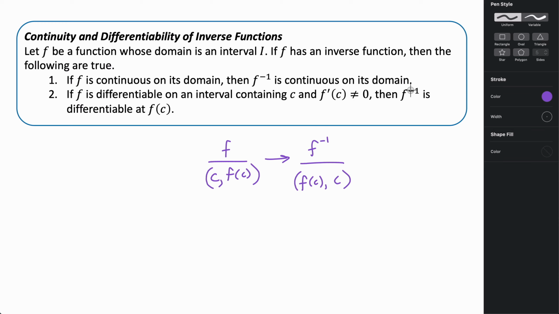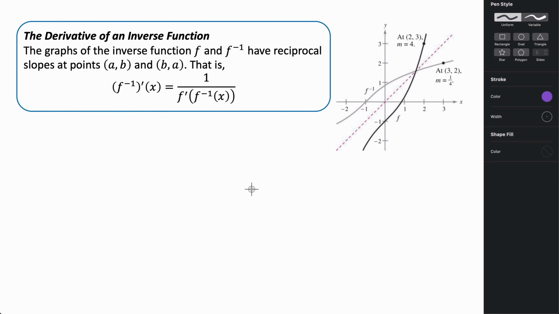So basically this is saying if our original function is differentiable at c and its derivative is not 0, then the inverse will be differentiable at f of c, at whatever the output of our original function is. There's no guarantee that the inverse would be differentiable at the original value of c, but it will be differentiable at the output.